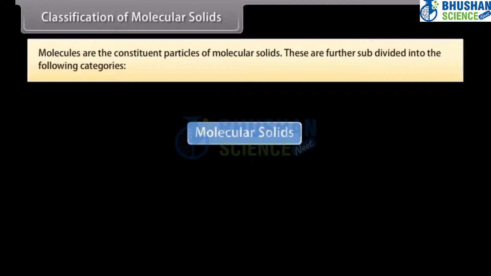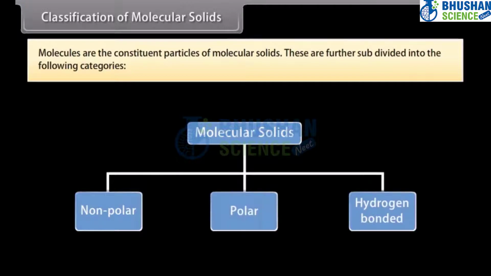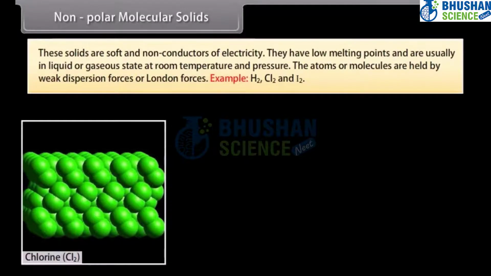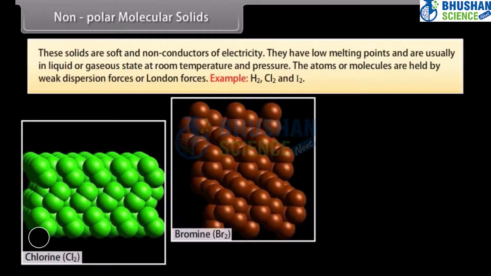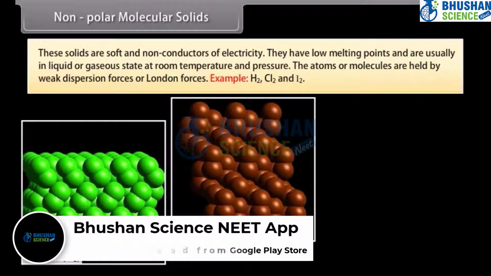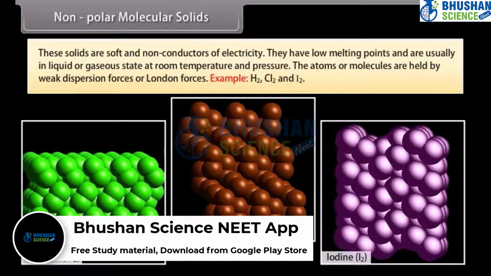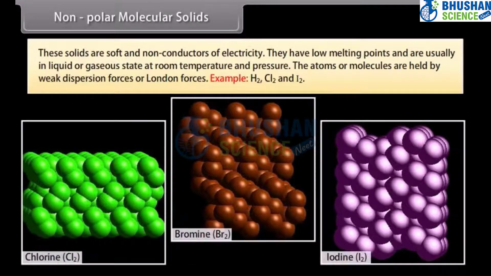These are further subdivided into the following categories. Non-polar molecular solids. These solids are soft and non-conductors of electricity. They have low melting points and are usually in liquid or gaseous state at room temperature and pressure. The atoms or molecules are held by weak dispersion forces or London forces. Examples: H2, Cl2 and I2.